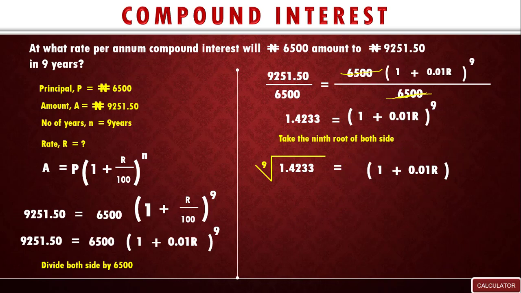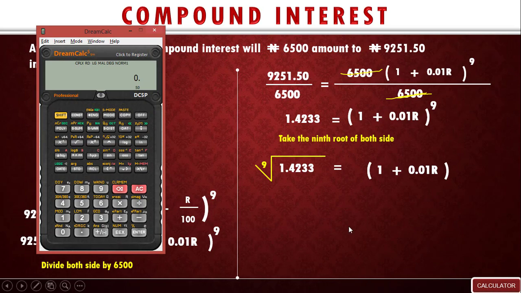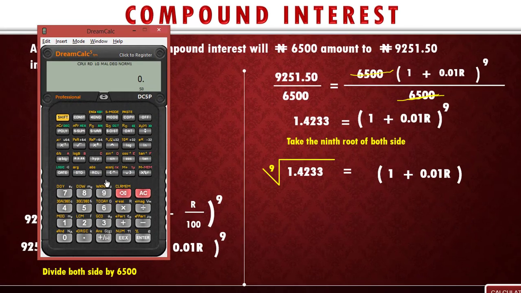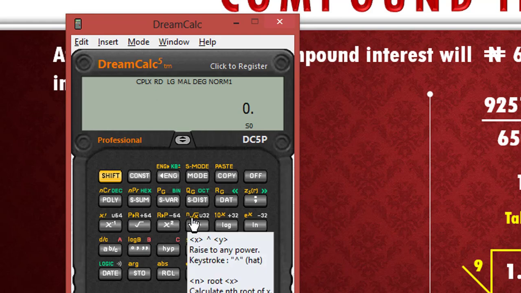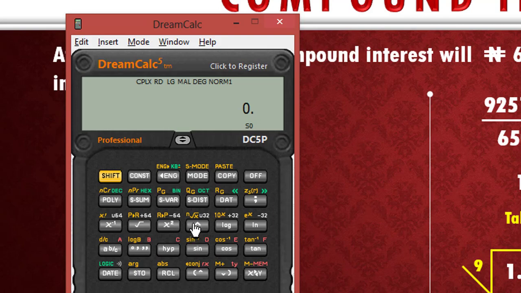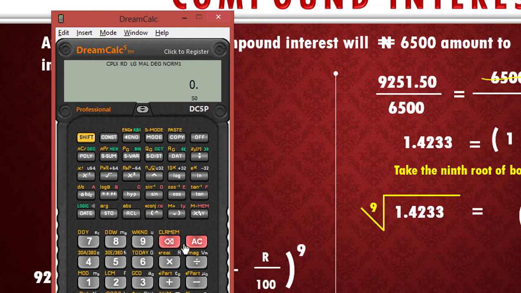Let's use our calculator now to determine the 9th root of 1.4233. To press the 9th root, we're making use of this symbol n root x, which is on top of the exponential sign. To do that, you press the number first, and that is 9.